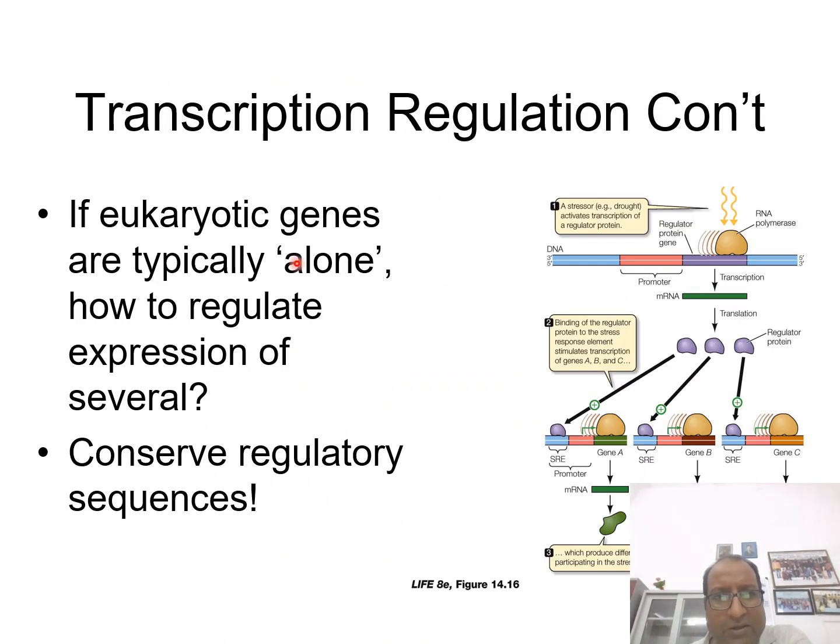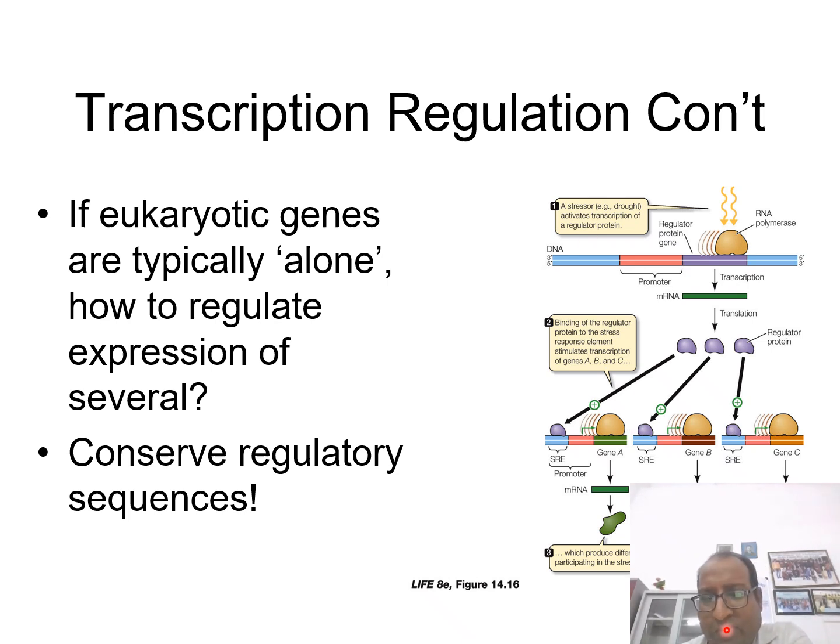What you will see here is that eukaryotic genes are typically alone. How is the expression of several genes regulated? In eukaryotes, genes are not in a set, as we have seen with the lactose operon, where three genes required for lactose metabolism are present together. But in eukaryotes, each gene exists as an individual entity.